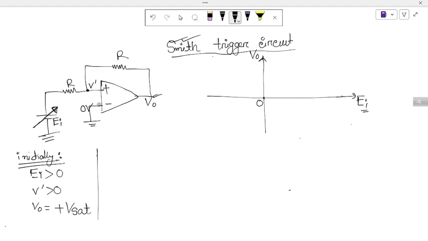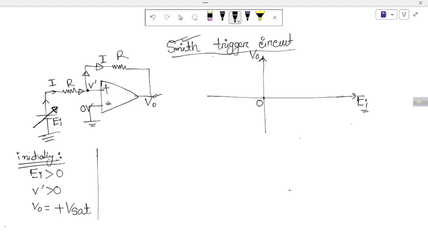Now let's find a formula for this V prime. If we assume that a current flows in this direction, after reaching this node the whole current will go this way. Why does no current flow through the positive terminal? We know that no current flows into the inverting or non-inverting terminal, because the input resistance of an op amp is very high.